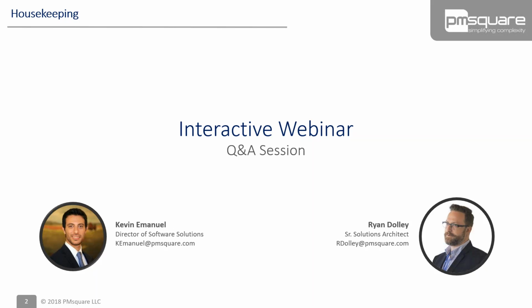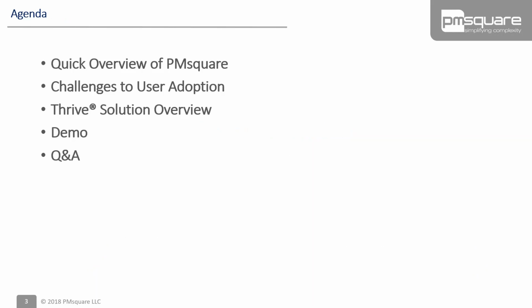So with that said, I'll go ahead and talk about the quick agenda here before we get started. As far as what we have in store for you today, we're going to do a quick overview of PMsquare. For those of you who may not be familiar with who we are as a company, I'll spend about 2 minutes on that. Then we'll talk about some of the overall challenges to user adoption.